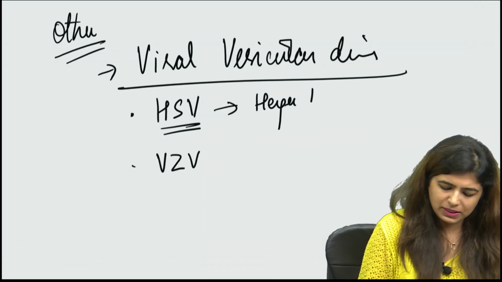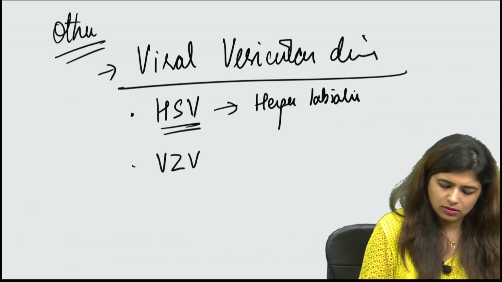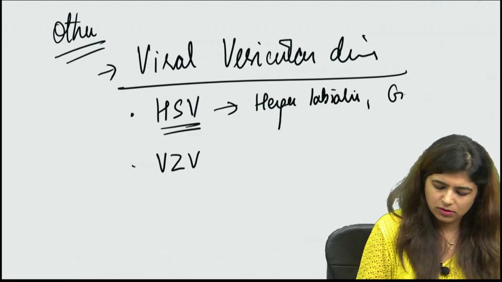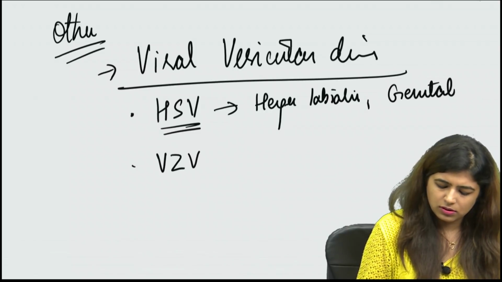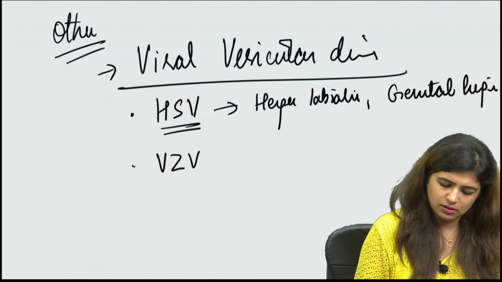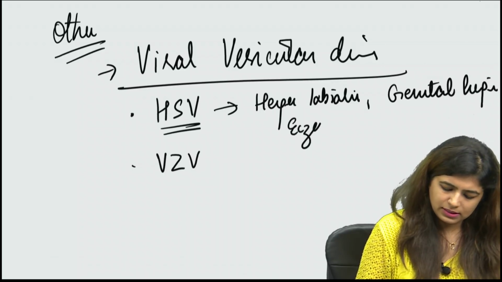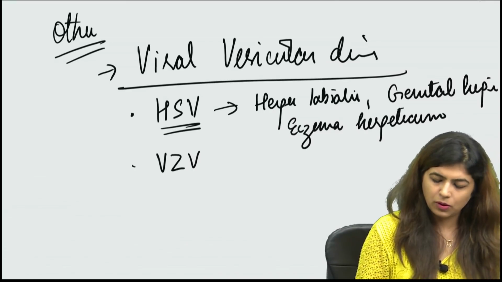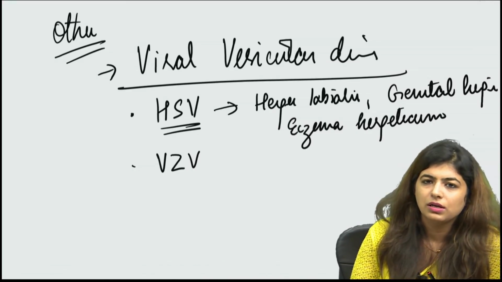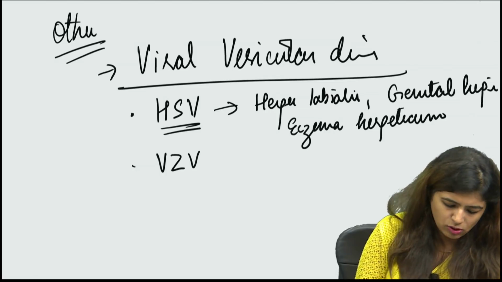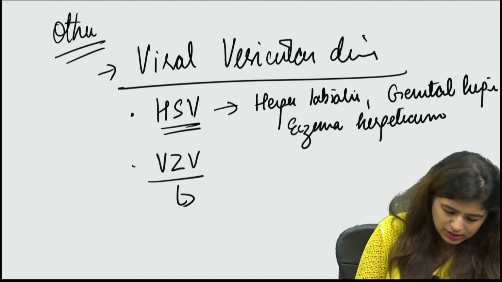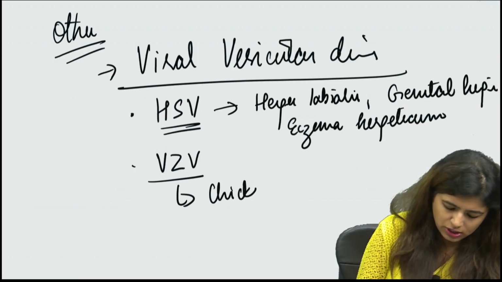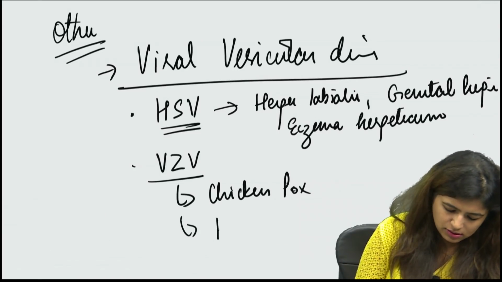You have herpes labialis, you have genital herpes, then eczema herpeticum. These are the diseases caused by HSV. Then what does VZV cause? VZV causes chickenpox. VZV is varicella zoster virus, and it causes herpes zoster.